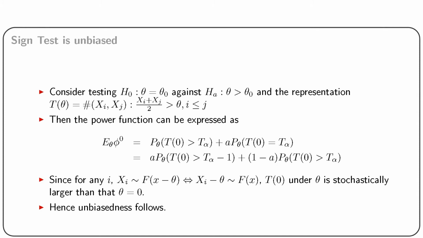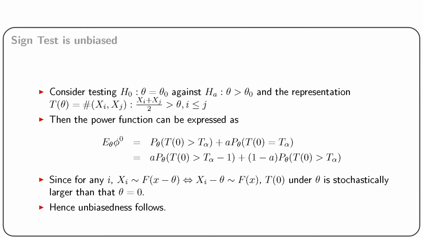Thus, under any theta greater than 0, the probability of the event T naught greater than k under theta is greater than the probability of the event T naught greater than k evaluated under theta equal to 0. Hence, the power function exceeds A into probability of T naught greater than T alpha minus 1, plus 1 minus A into probability T naught greater than T alpha, where both the probabilities are evaluated under theta equal to 0.